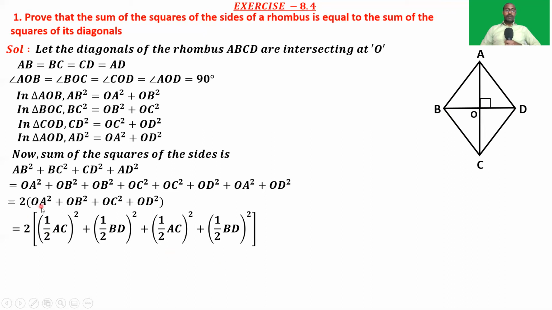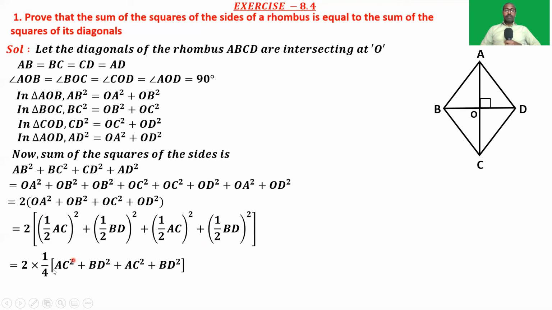The square is also there, and in each term we substitute half the diagonal. So now we get 2 into, each term is 1 by 4 AC square, 1 by 4 BD square, 1 by 4 AC square, 1 by 4 BD square.